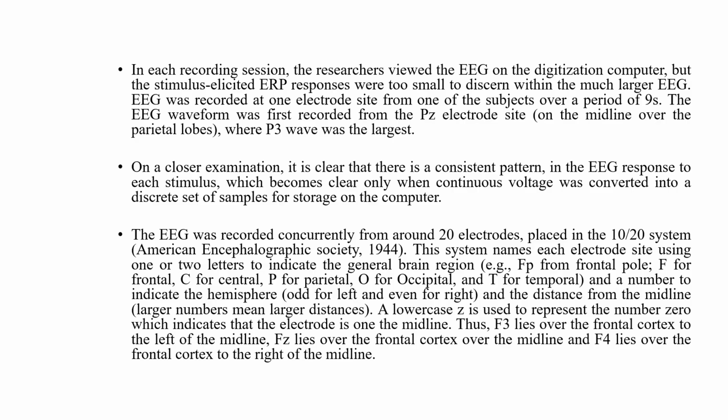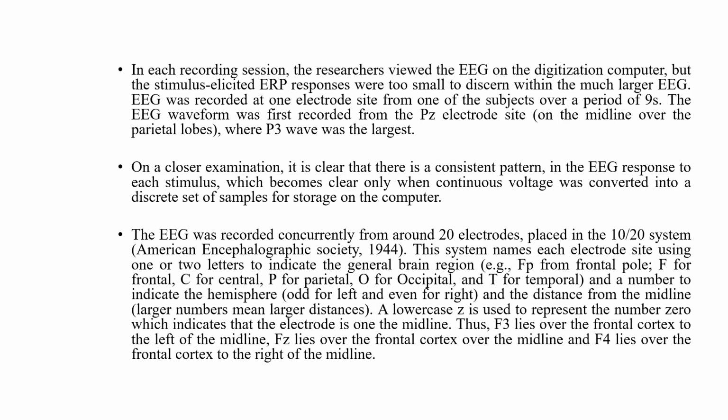Now, in each recording session, the researchers viewed the EEG on the digitization computer, but the stimulus-elicited ERP responses were typically too small to discern within the much larger EEG. EEG was recorded at one electrode site from one of the subjects over a period of 9 seconds. The EEG waveform was first recorded from the PZ electrode site, which is on the midline of the parietal lobes, where the P3 component was found to be the largest.